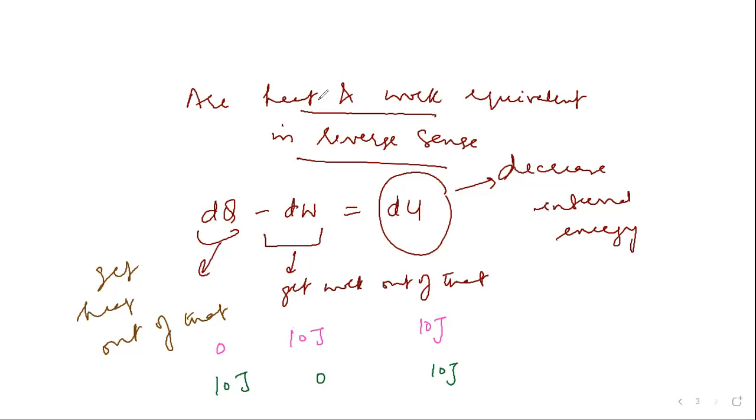Now it turns out, the important thing is, that there is no difficulty in taking internal energy out of a system in the form of heat. That means this is possible: you decrease the internal energy of a system and get that much heat from the system and get no work, right?